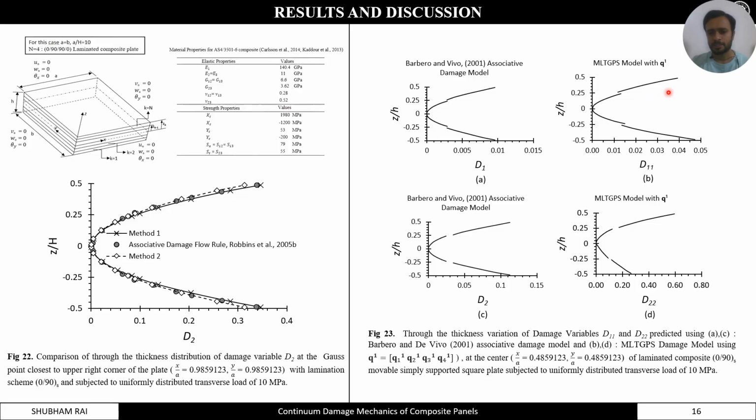For instance, the present damage model is predicting less damage in fiber tension and more damage in fiber compression, which is consistent with the strength properties, because the strength in fiber tension is more and the strength in fiber compression is less. So that's why there will be more damage in fiber compression. Similarly, in the transverse to fiber direction, we can observe this phenomenon.